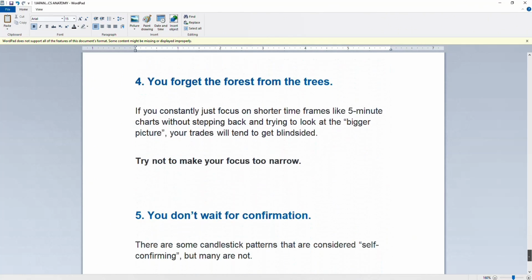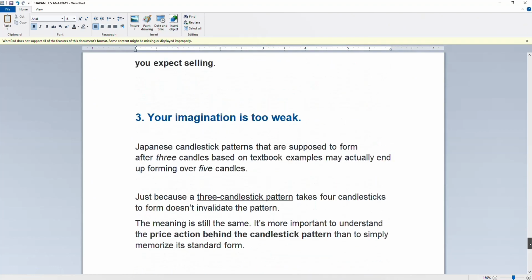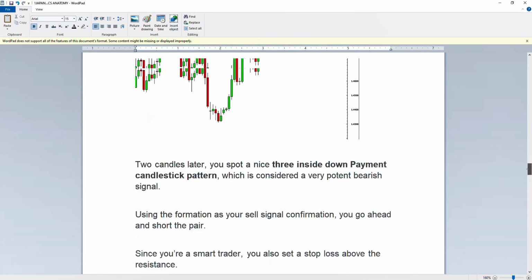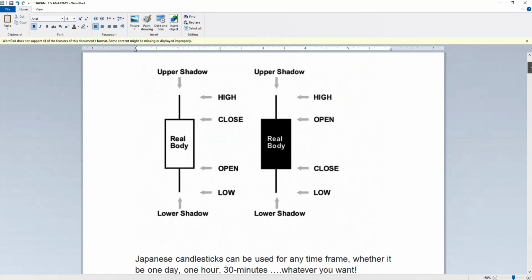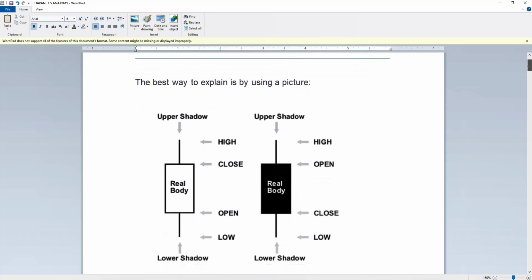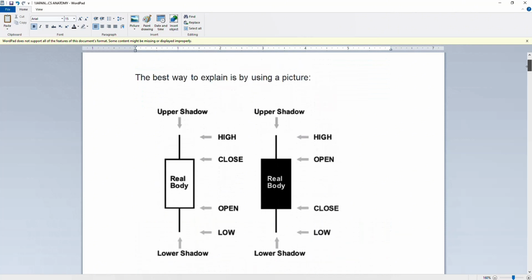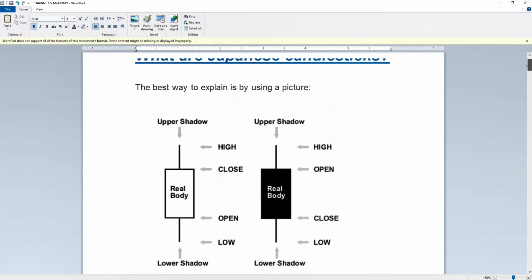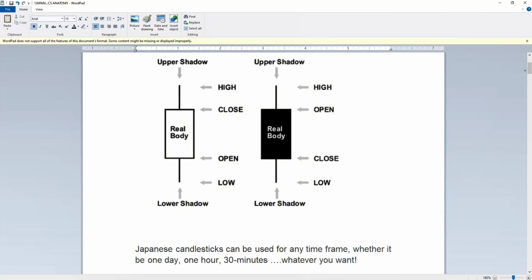I am going to share this note in the mentorship program so that you can have time to go over it. One thing to take home is a candle body has a high, it has a low, it has an open, and it has a close. If price is buying, we want to see price close above the opening price. If price is selling, the candle's body should close below the opening price.